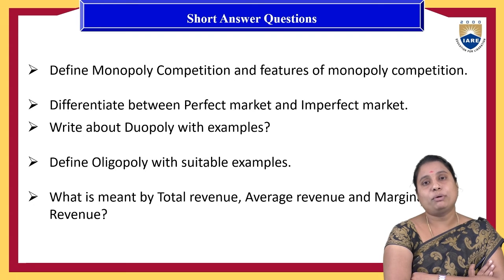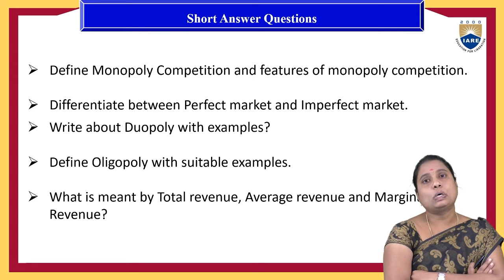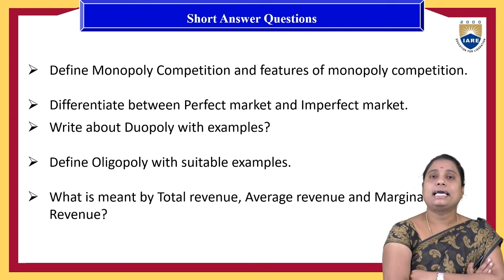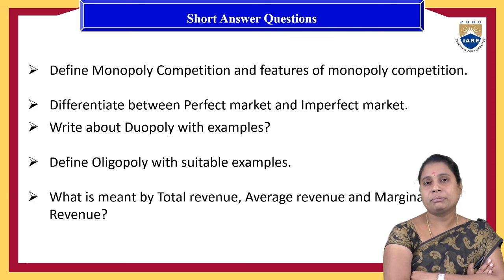Again, the imperfect competitive markets are monopoly, oligopoly, duopoly, monopsony, oligopsony, duopsony. We can explain duopoly with examples like Coca-Cola and Pepsi, two sellers and a larger number of buyers, and its characteristics under this question.